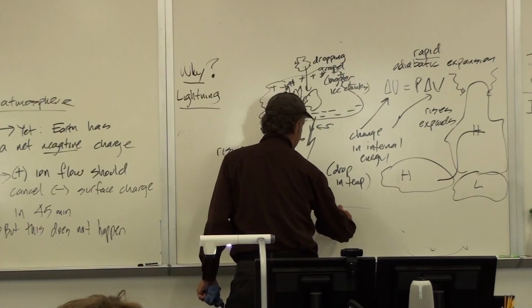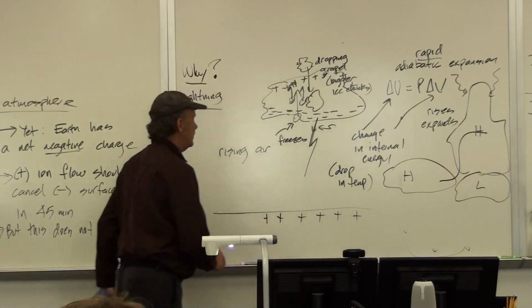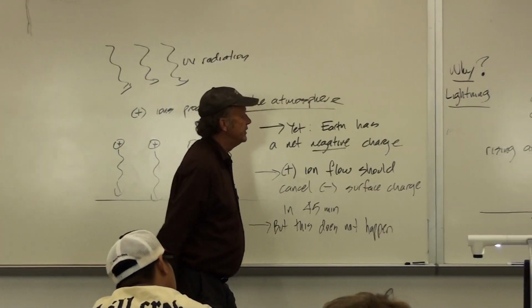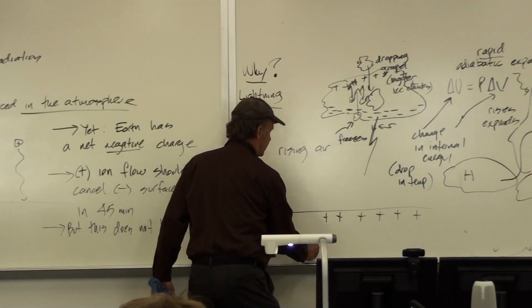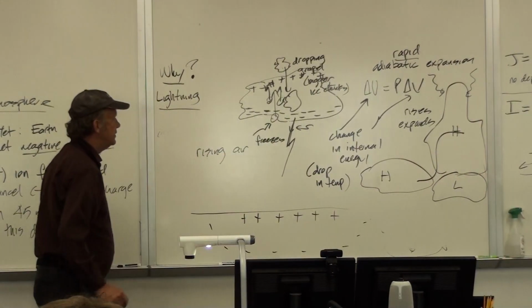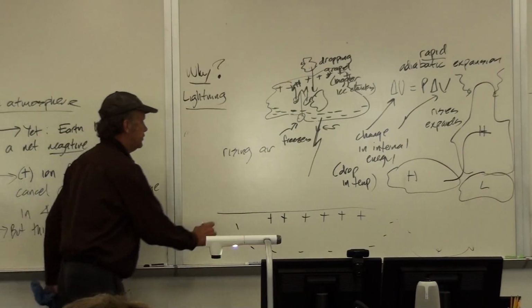So even though the net charge on the Earth is negative, those negatives are pushed away in the vicinity of the cloud and creates a positive induced surface charge.